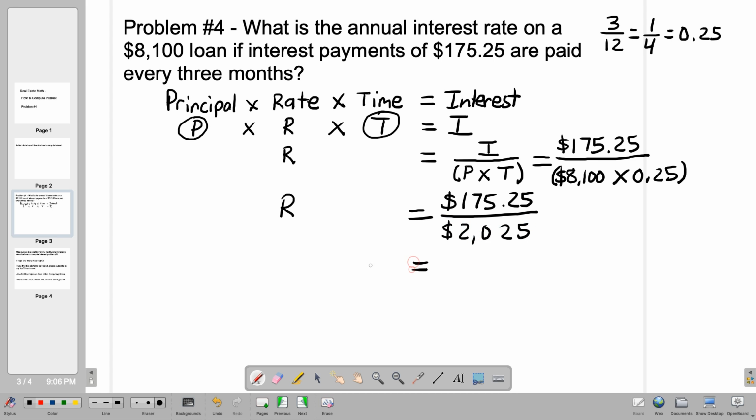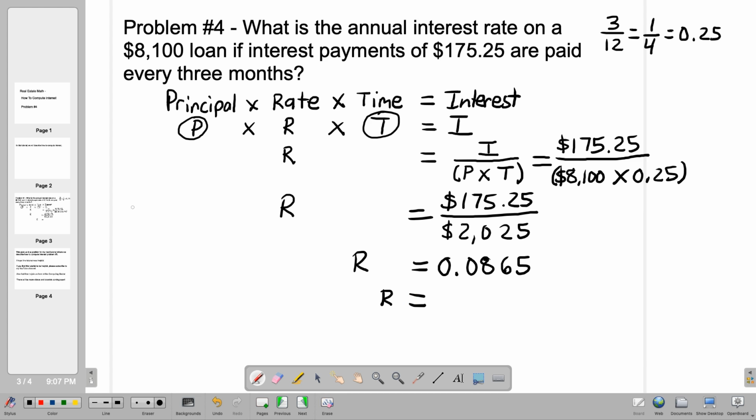Okay, so let's continue. R is 175.25 divided by 2,025, and that gives us a value of 0.0865.